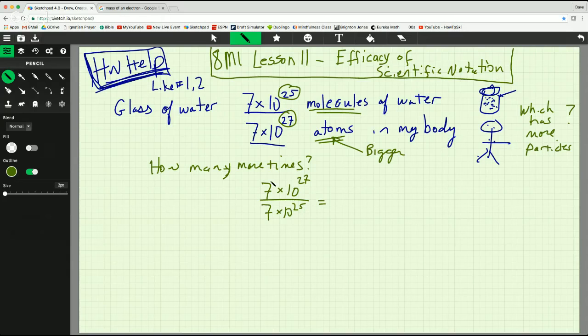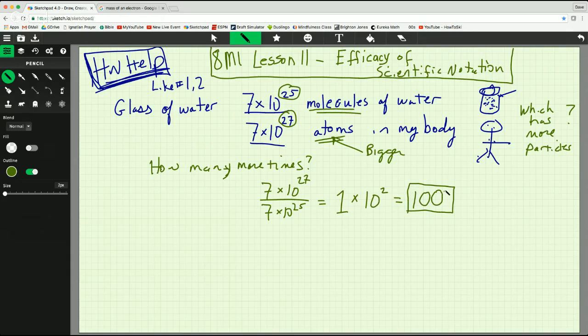And voila, these are nice. 7 divided by, we're starting to get good at this. 7 divided by 7 is 1. And then to divide this portion, we take the 27 minus the 25 and we get 2. And we can convert this number back into regular numbers, and we get 100.